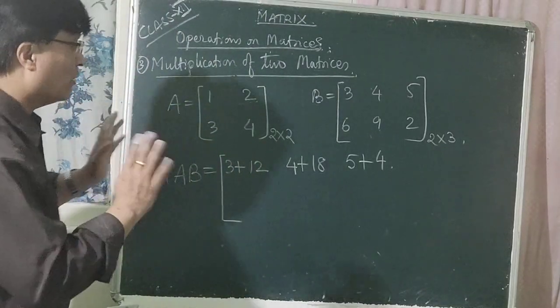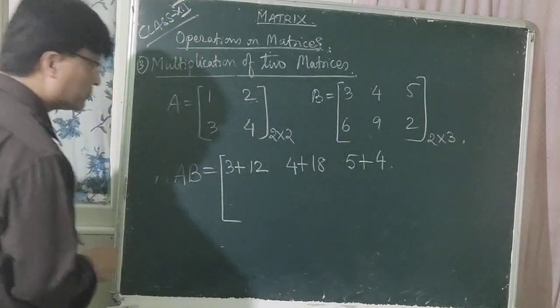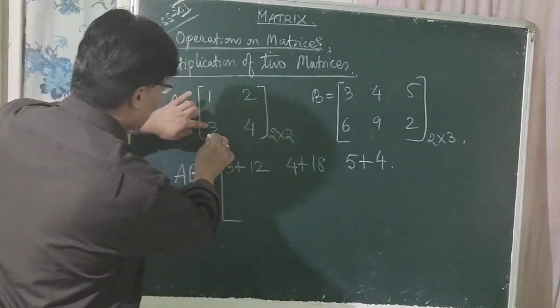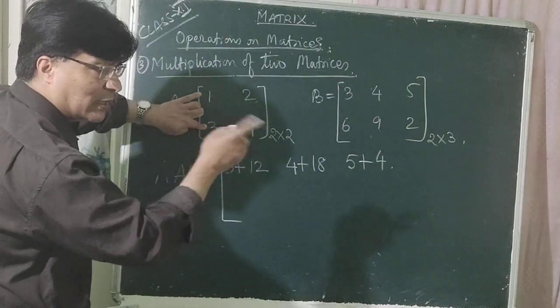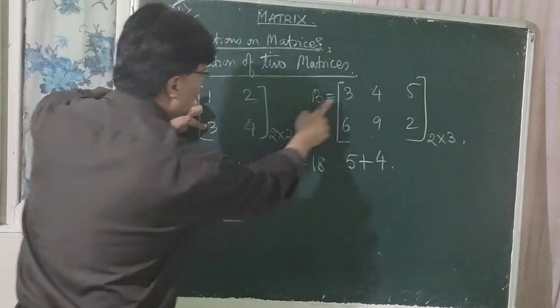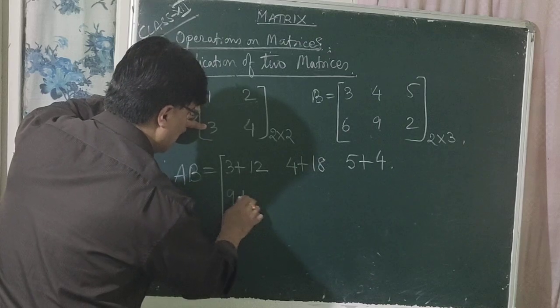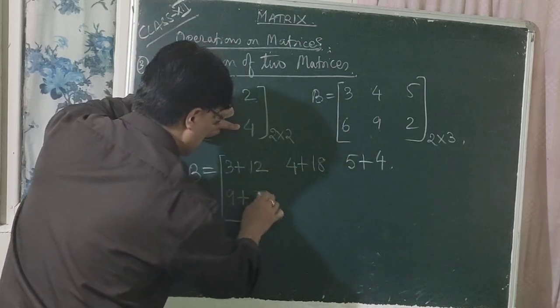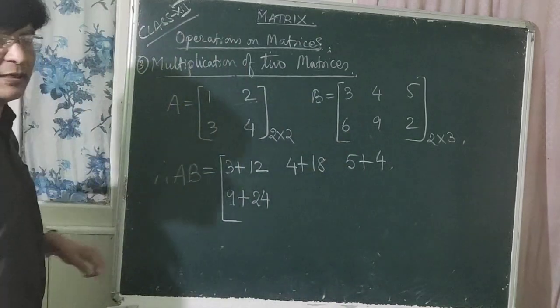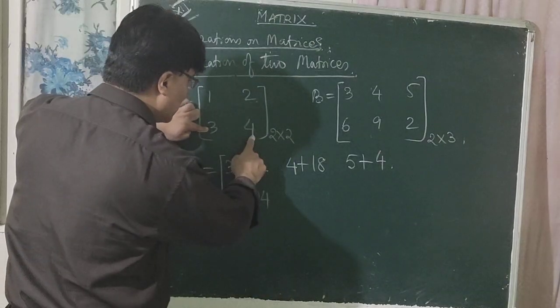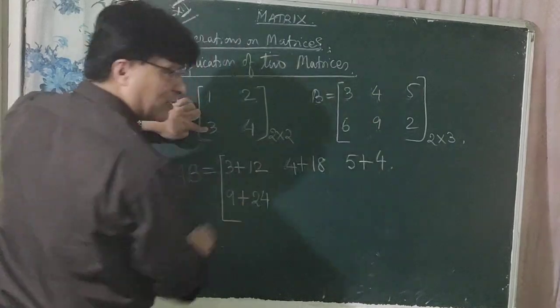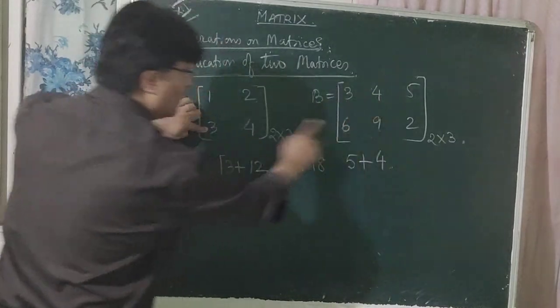Is that clear? Now for the second row. Now in this case, this second row should be multiplied by the first column, but the corresponding elements should be multiplied. So 3 times 3 is 9 plus 4 times 6 is 24. Is that clear? Now again, this second row should be multiplied by this second column, with the corresponding elements multiplied.